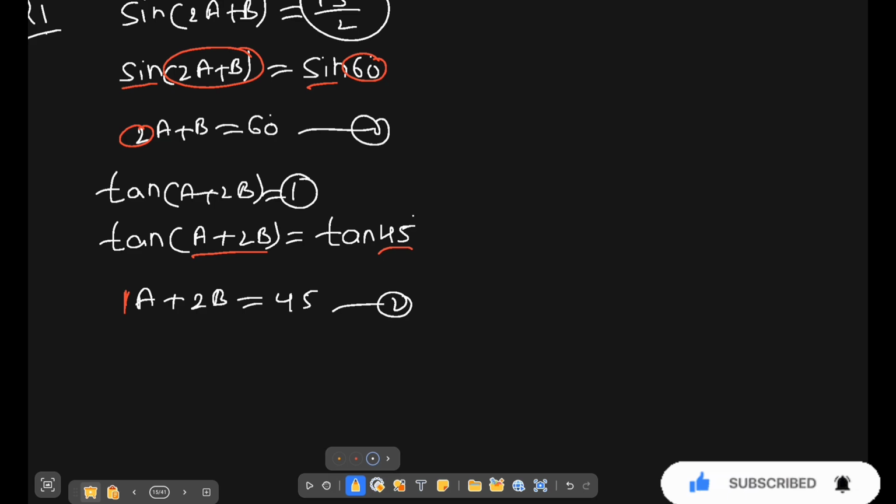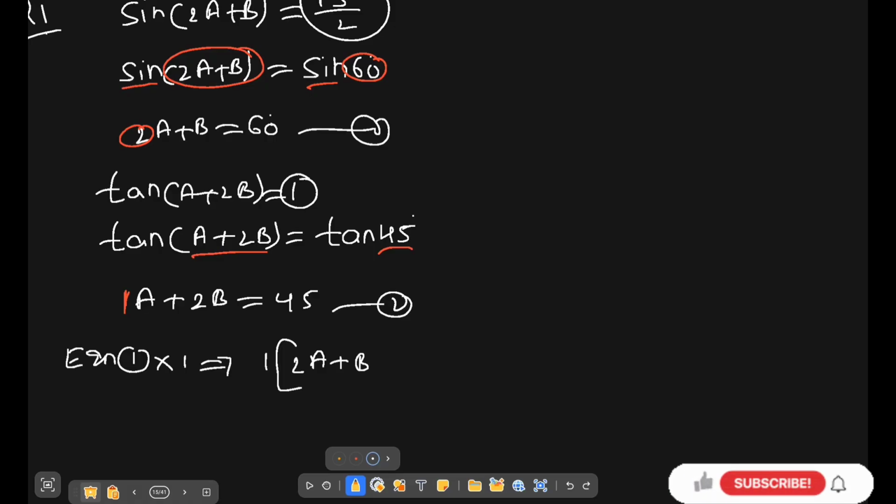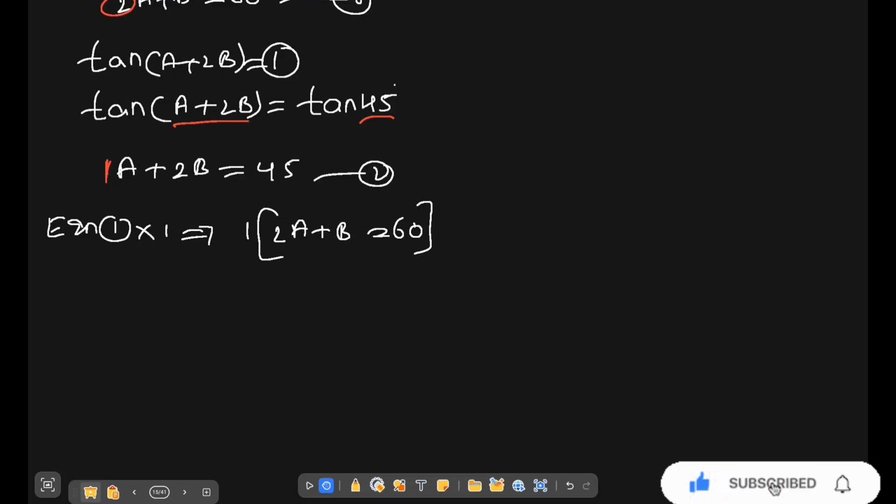Equation 1 stays as it is, we multiply it with only 1. So 2A plus B is equal to 60 is equation 1, and equation 2 we have to multiply with 2.